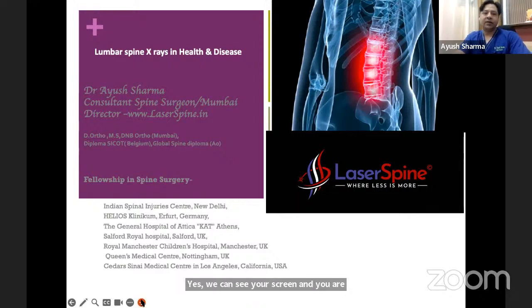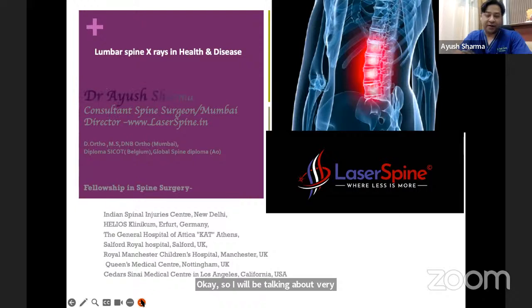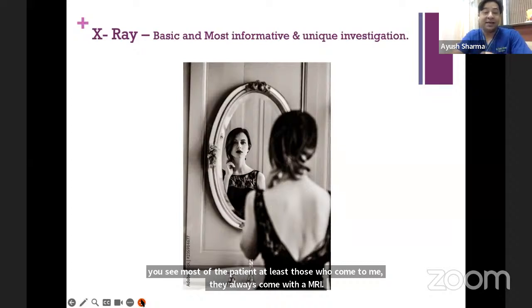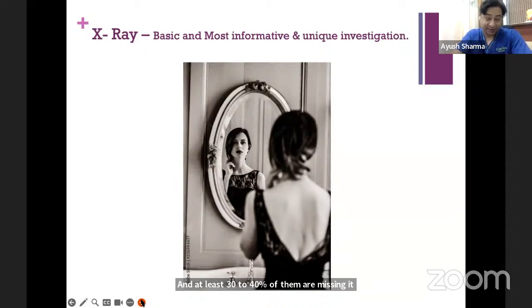Okay. So, I will be talking about very basics of lumbar spine X-ray. This is how I see an X-ray. It is the most basic and most informative and a very, very unique investigation. The problem today is most of the patients who come to me always come with an MRI, and at least 30 to 40% of them are missing a basic spine X-ray.